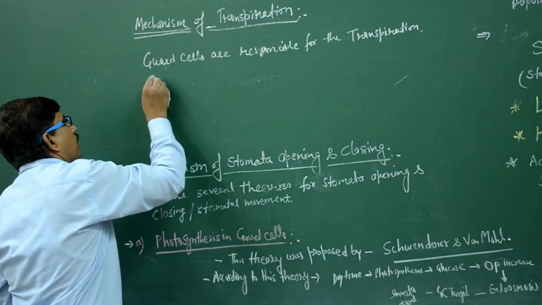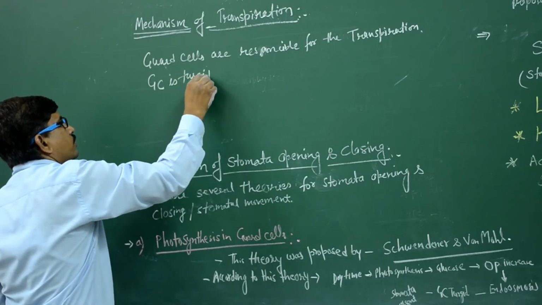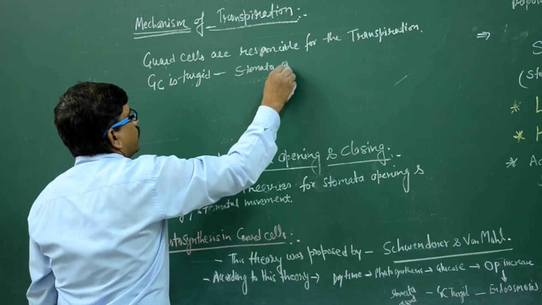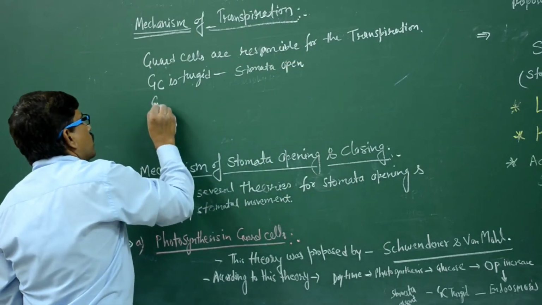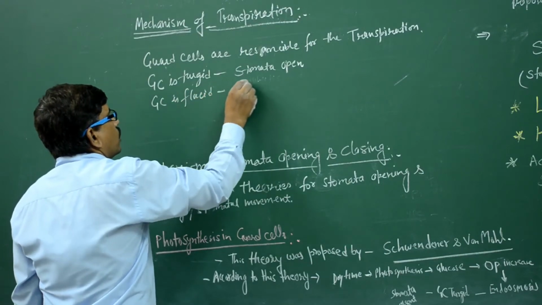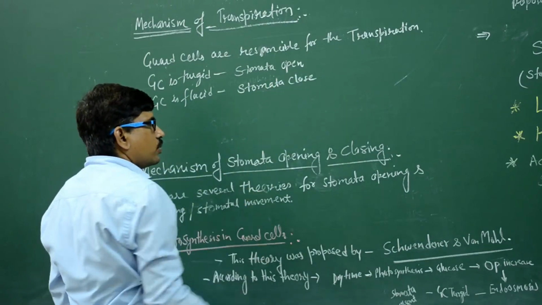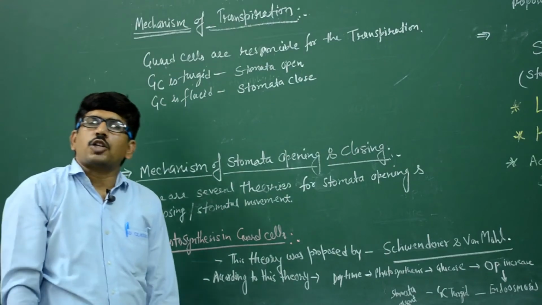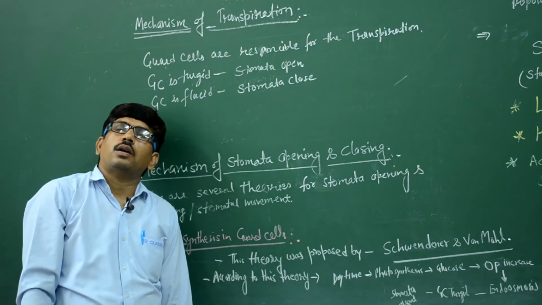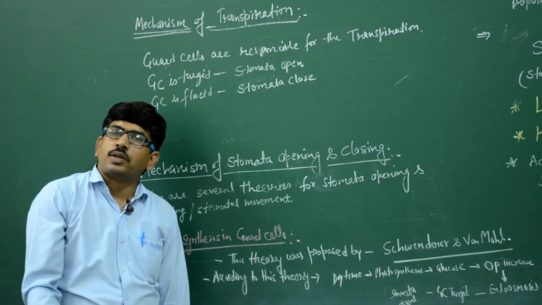Okay. When the guard cell is turgid, then the stomata open, and when the guard cell is flaccid, the stomata close. So we can say transpiration occurs in the daytime in the presence of sunlight, and at that time the guard cells are turgid and the stomata are open, and transpiration takes place.